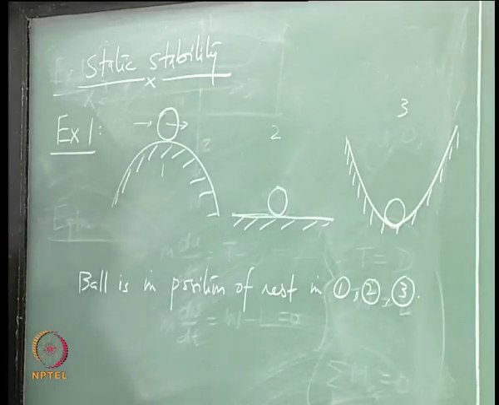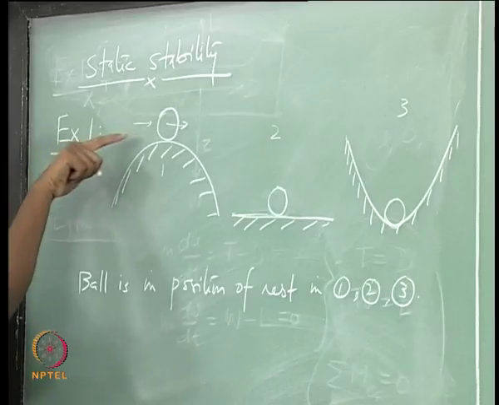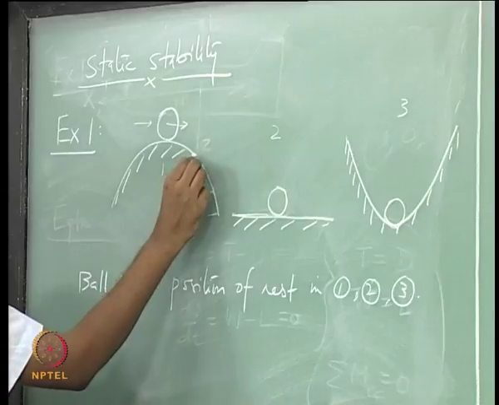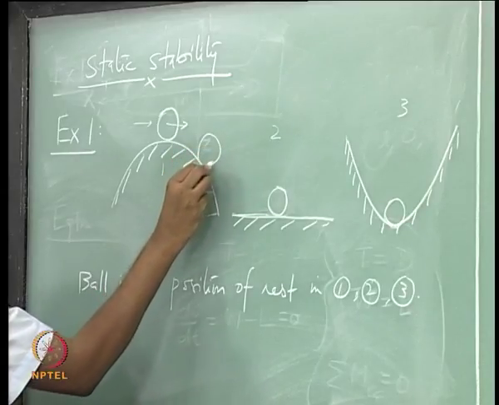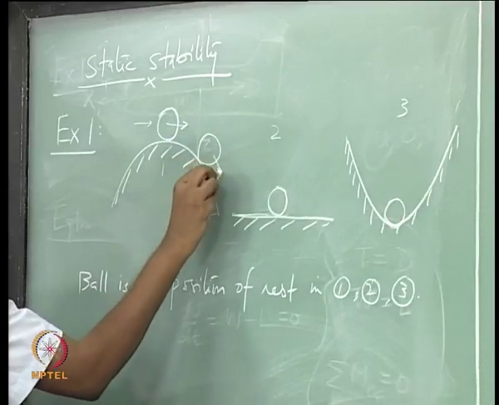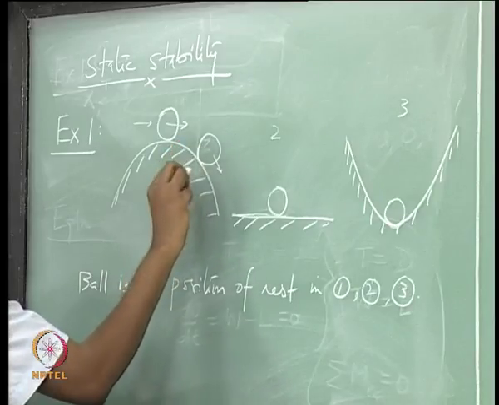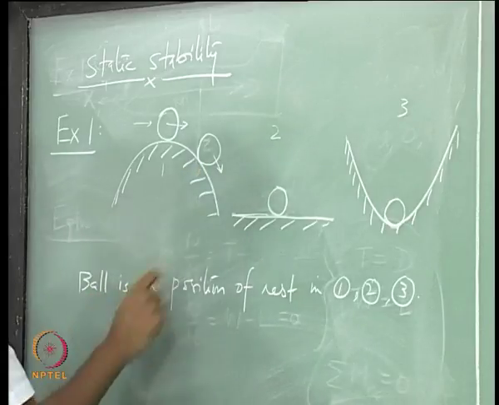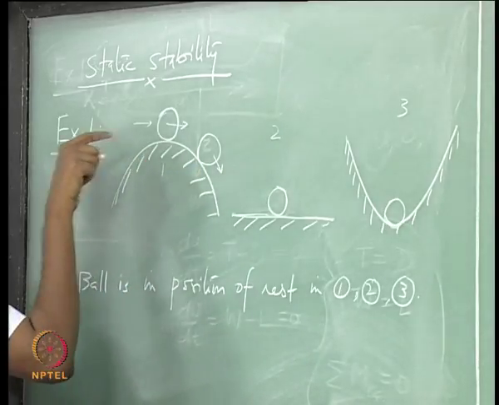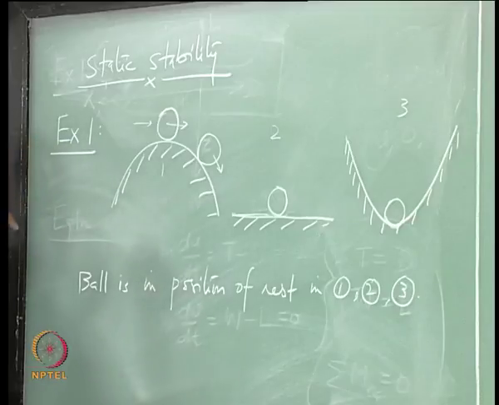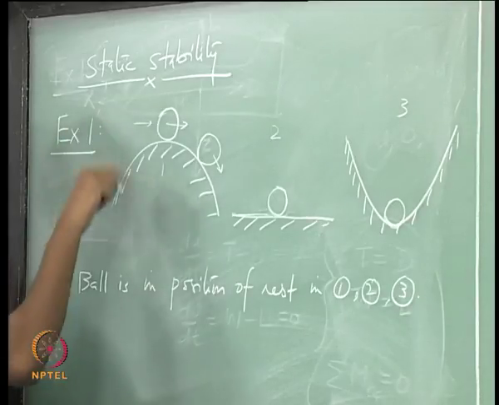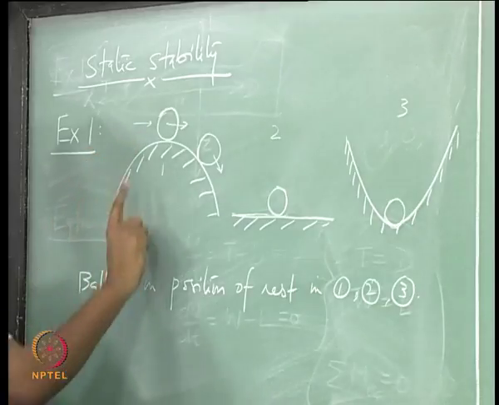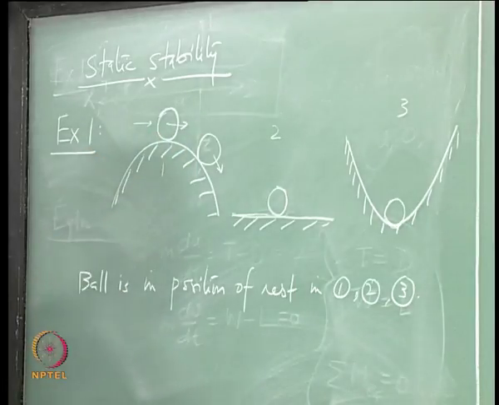So, the ball is hit. We know that when the ball is hit from this side, the ball is going to have a motion which is going to make it fall. So, what is happening in this case is when we disturb this ball from its equilibrium position of rest, it starts going away from this position.